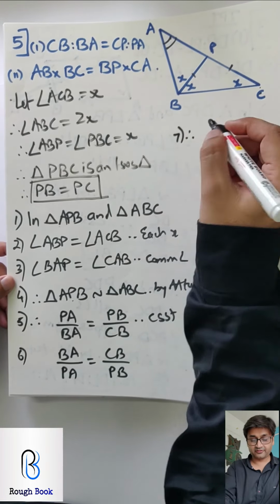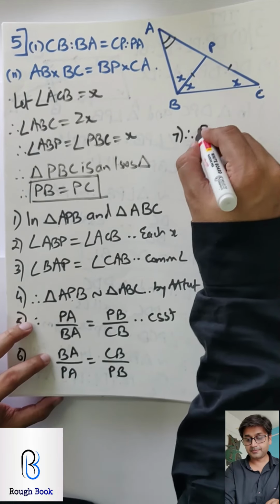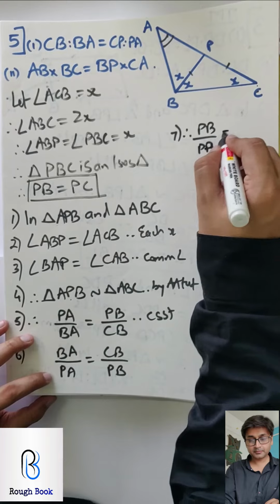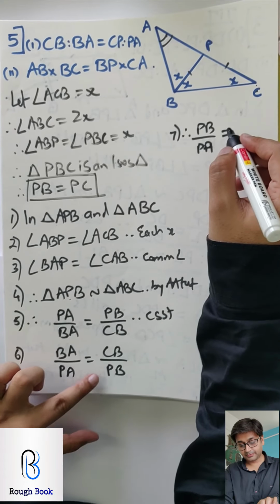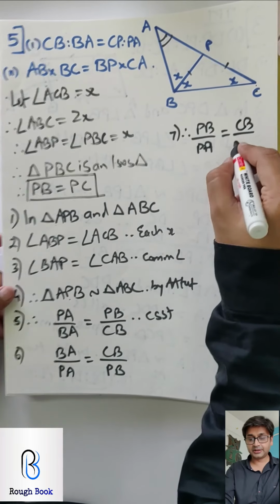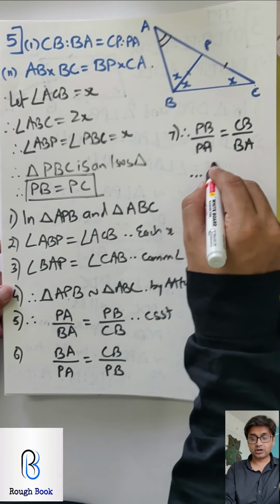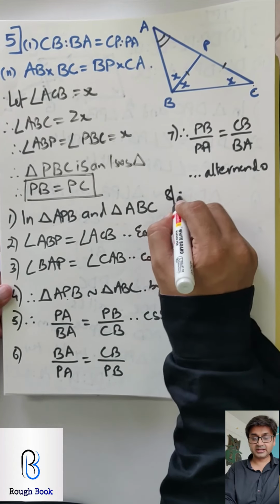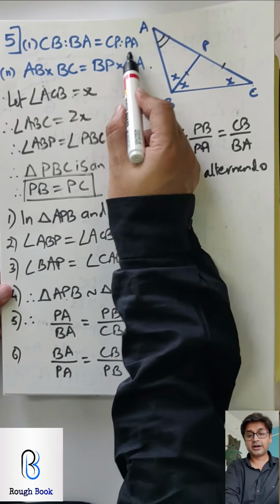So step 7, therefore, pushing PB up upon PA is equal to, see, PB has gone up upon PA, CB upon BA. This we call it as alternando. Finally, PB, I don't need it.